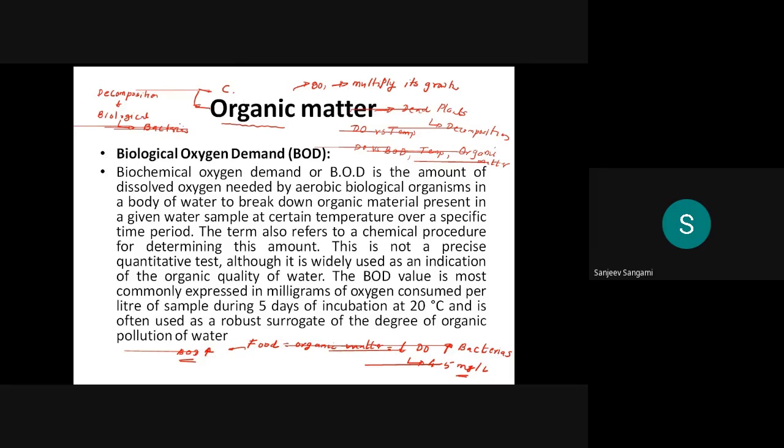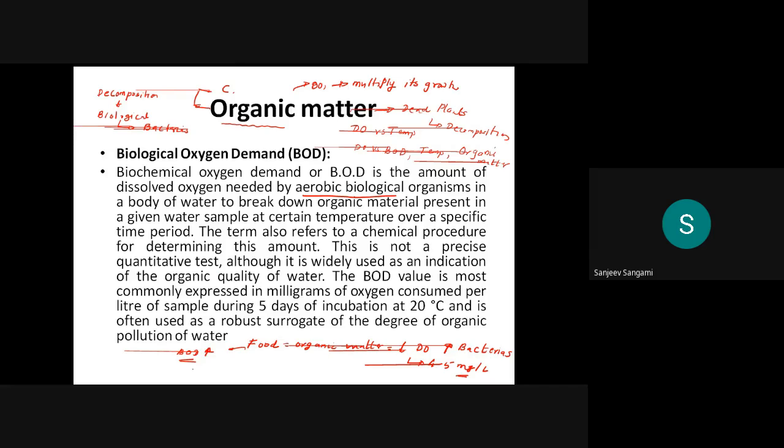BOD is the amount of dissolved oxygen needed by aerobic biological organisms in a body of water to break down the organic material present in the given water sample at a certain temperature over a specific time period.